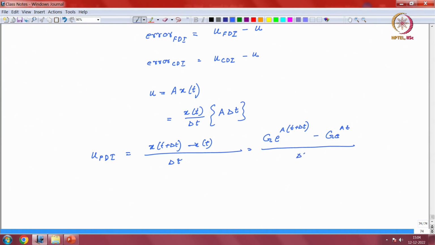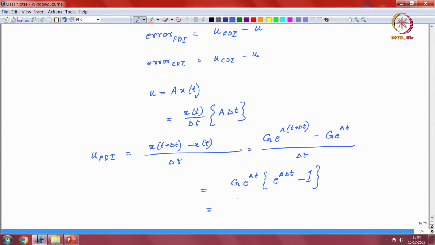By delta t, right? So now I can simply go ahead and expand this expression, which is g e to the power at, and in brackets you can have e to the power a times delta t minus 1, right?